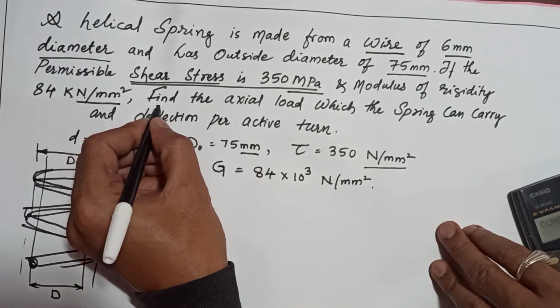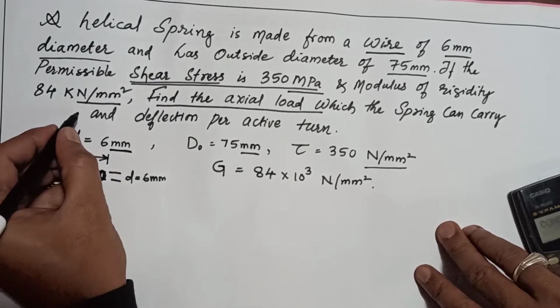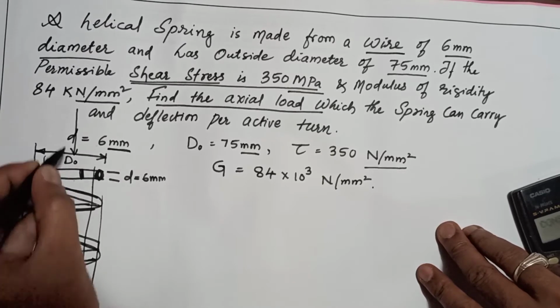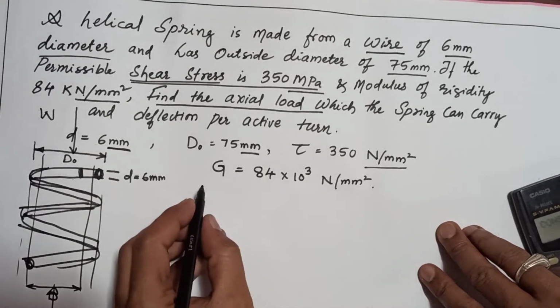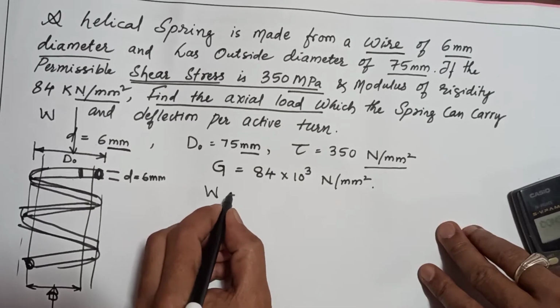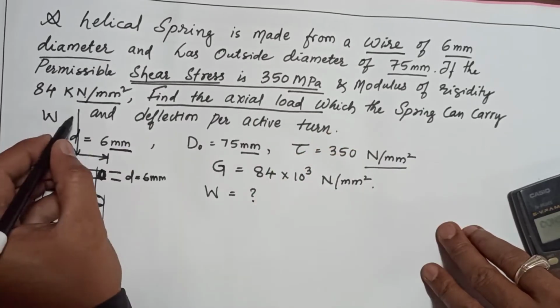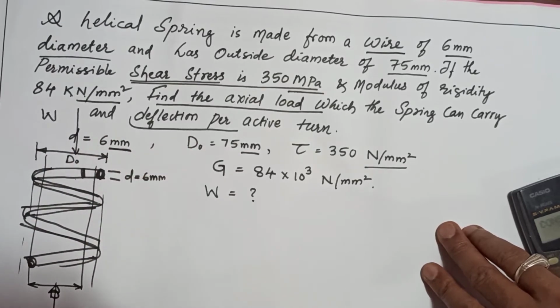And also you need to find the axial load. Here some axial loads are applied to the spring element. Let us assume the axial load is a static axial load. That load you need to find out, which the spring can carry, and also the deflection per active turn.